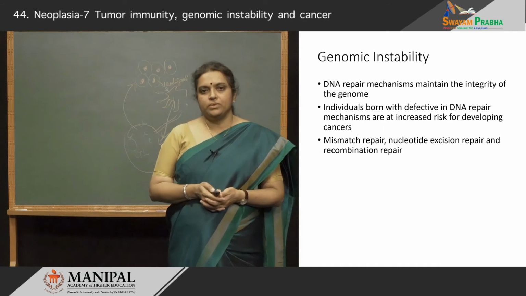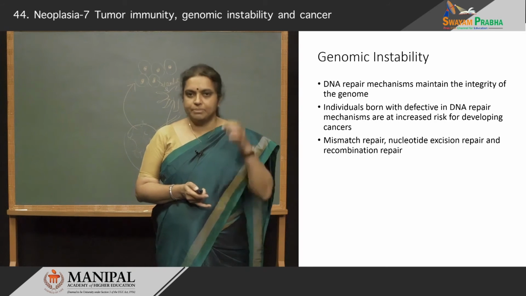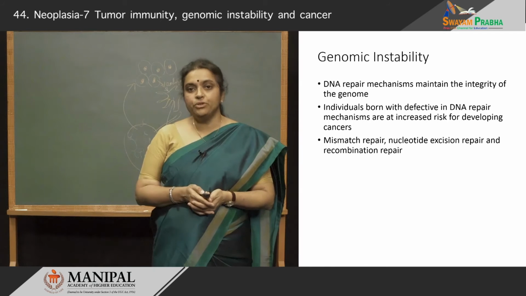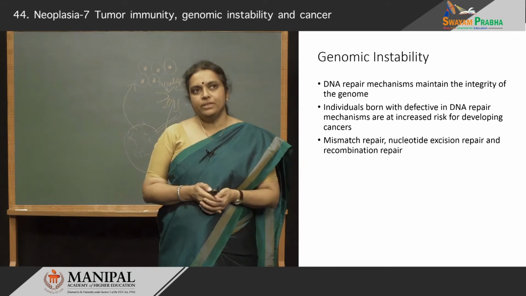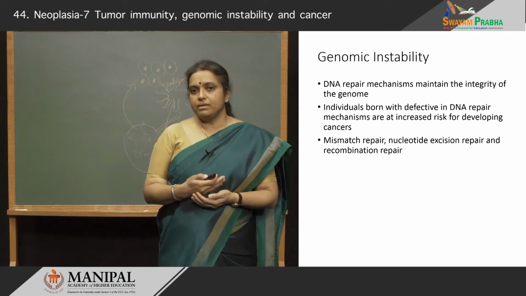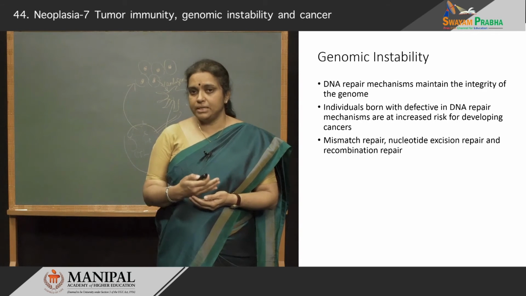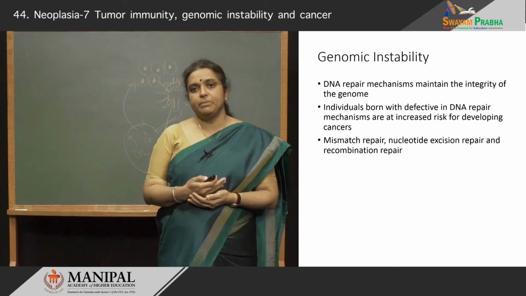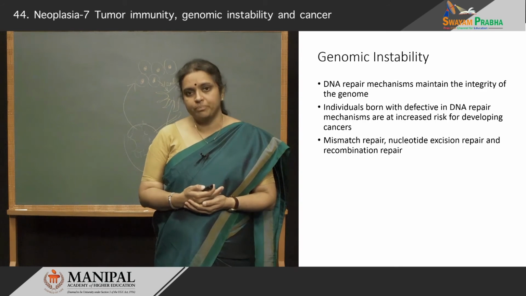We now move on to another very important hallmark of cancer, which is genomic instability. As we know, tumor cells are rapidly dividing, which is why they do not have a very stable genome, and DNA repair mechanisms maintain the integrity of the genome.